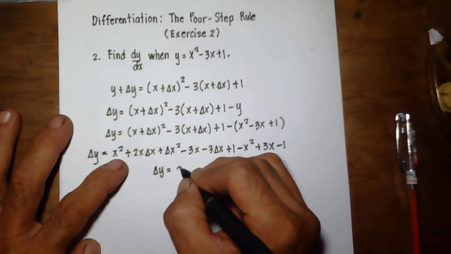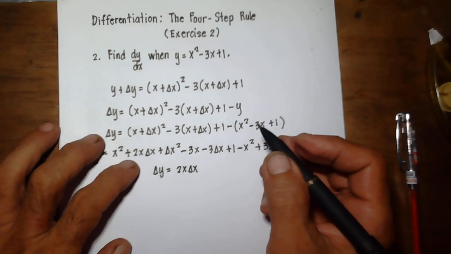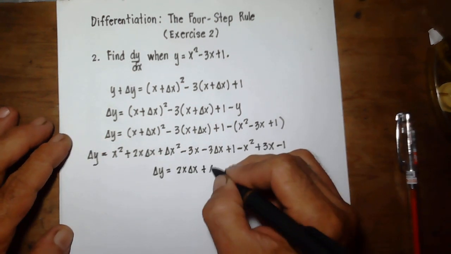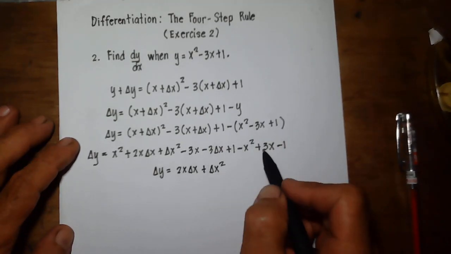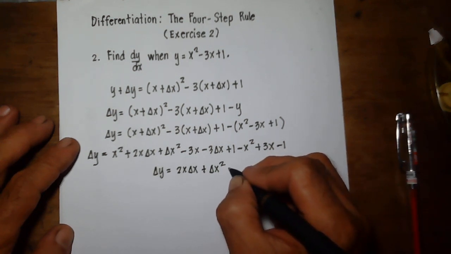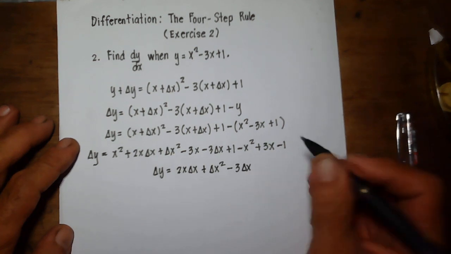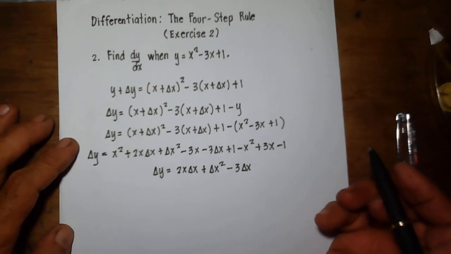Now we have 2x delta x plus delta x squared minus 3x plus 3x, so we cancel, and then we have minus 3 delta x. We have a plus 1 and a minus 1, so we now cancel.